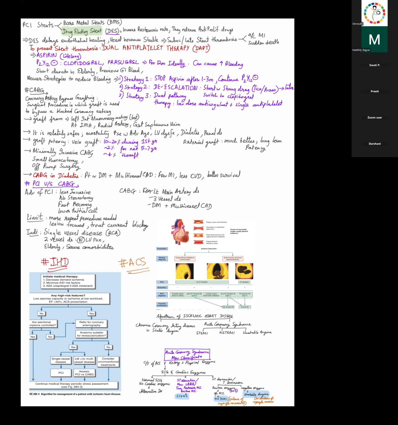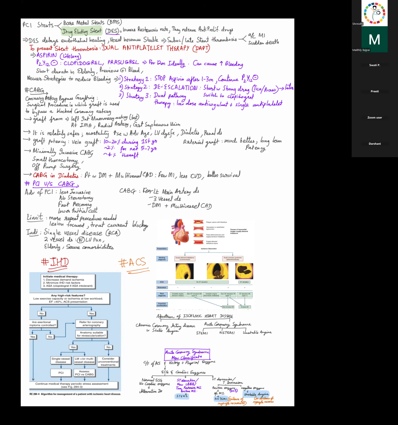And if the anatomy is suitable for revascularization, these things I will explain when I explain the revascularization part, PCI and CABG. Then if the anatomy is suitable, we'll go with PCI and assess whether the patient is suitable for PCI or CABG.